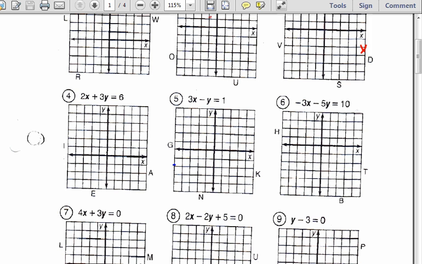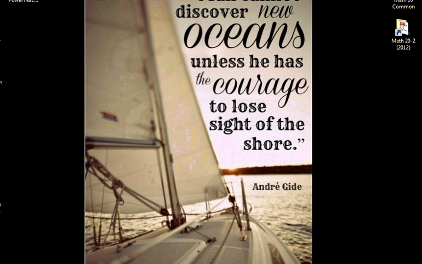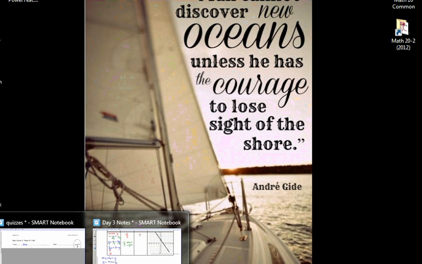3x minus y equals 1. 3x minus 5, or minus y. Come on. Why isn't it working? Doesn't matter. No, you can write on the board.